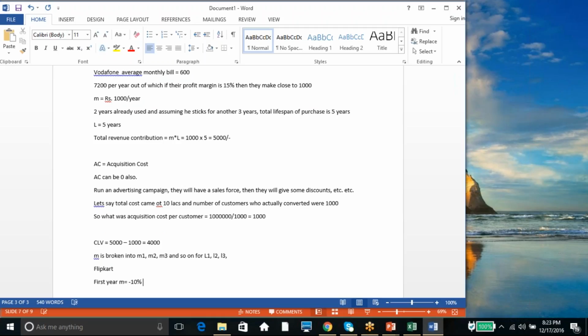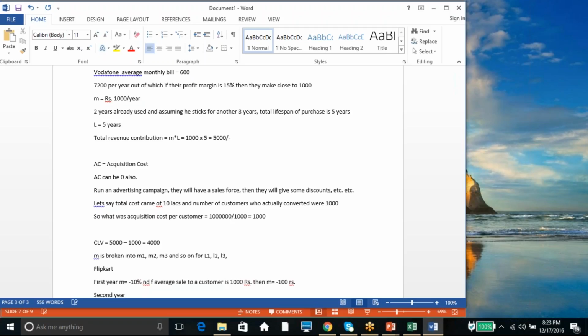So on every sale we are actually losing 10%, and if the average sale of a customer is 1,000 rupees, then M is equal to minus 100 rupees. So first year I lost 100 rupees.